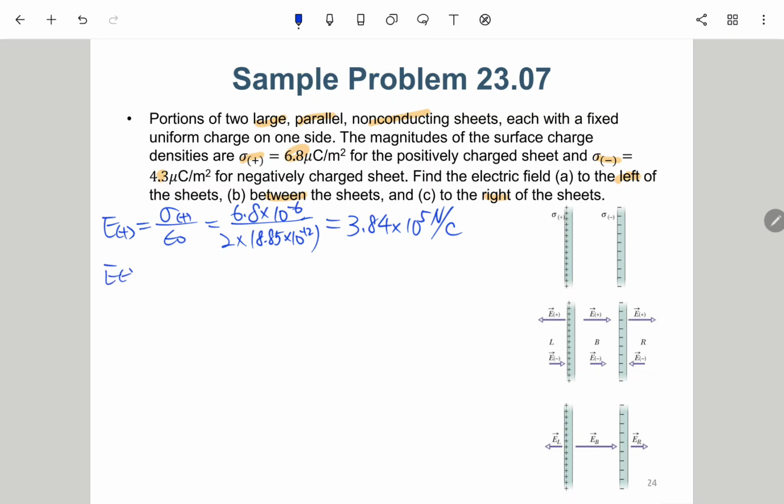Then E minus is sigma minus over 2 epsilon naught, which is 4.3 times 10 to the negative 6 over 2 times 8.85 times 10 to the negative 12, which is 2.43 times 10 to the 5th newton per coulomb.